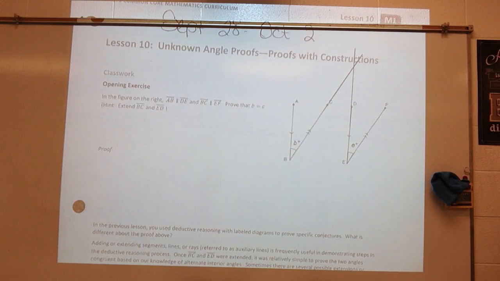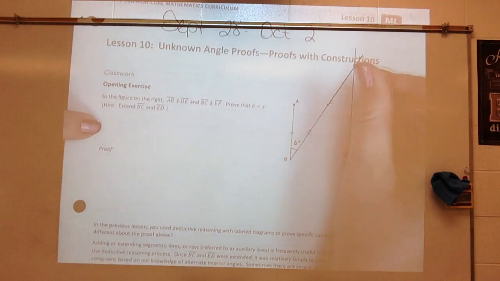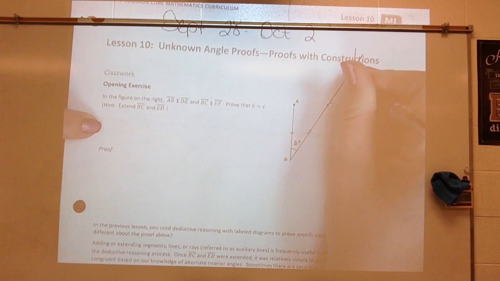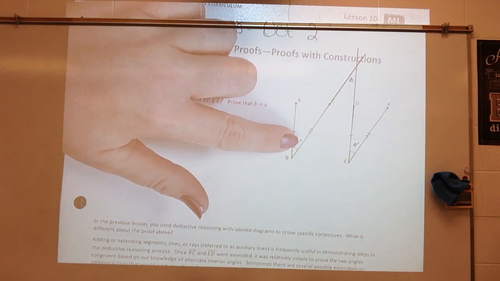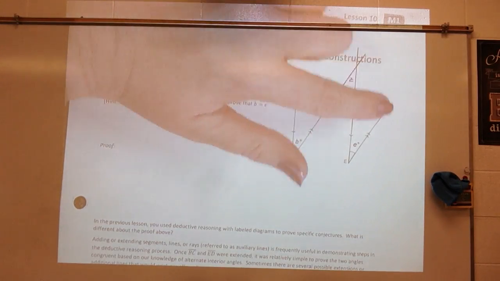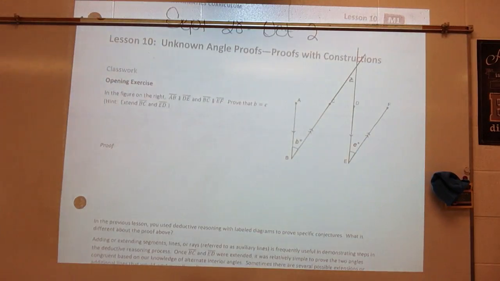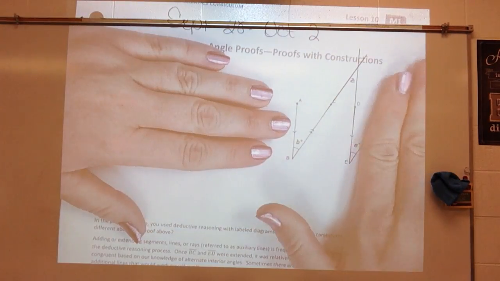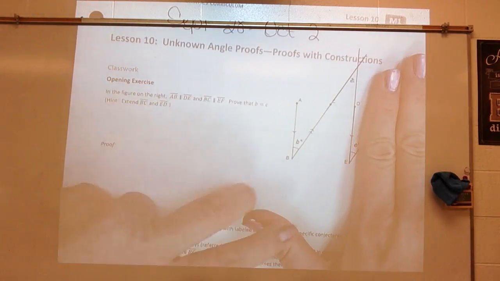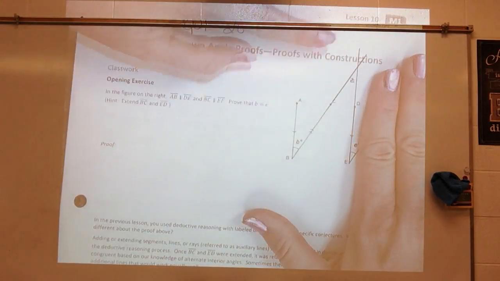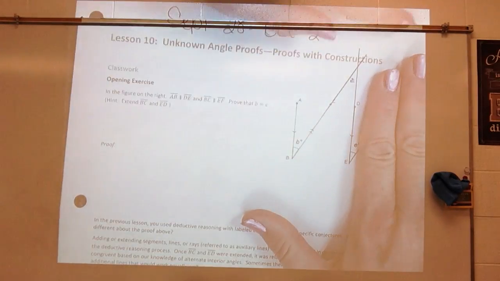All right, so I'm going to give this new angle a letter, and I'm going to label it angle Z. So I have angle B here, I have angle Z, and I have angle E. I'm going to pretend like this is not here, and I'm going to look at these two parallel lines and this as a transversal.